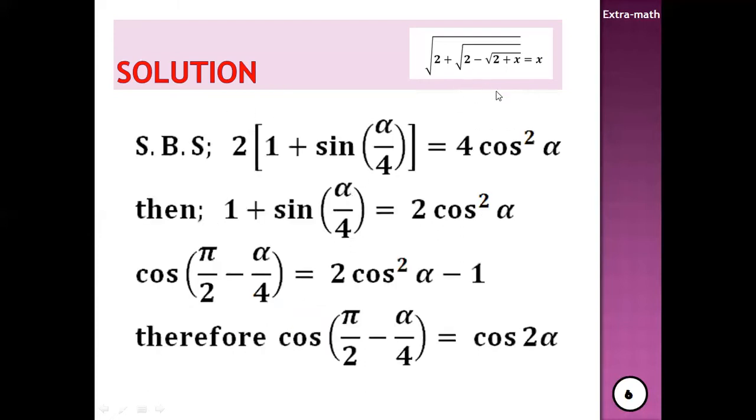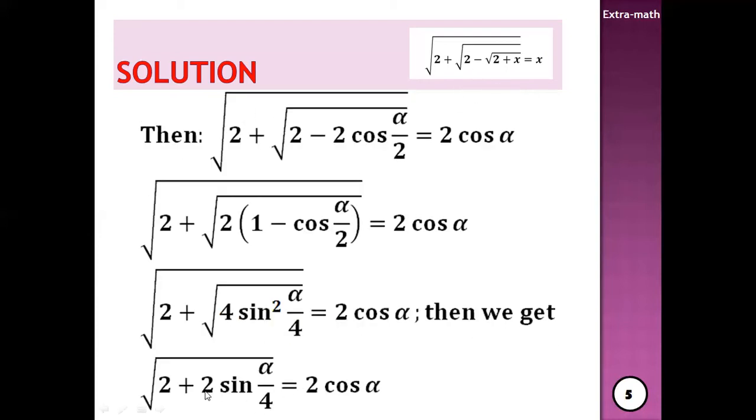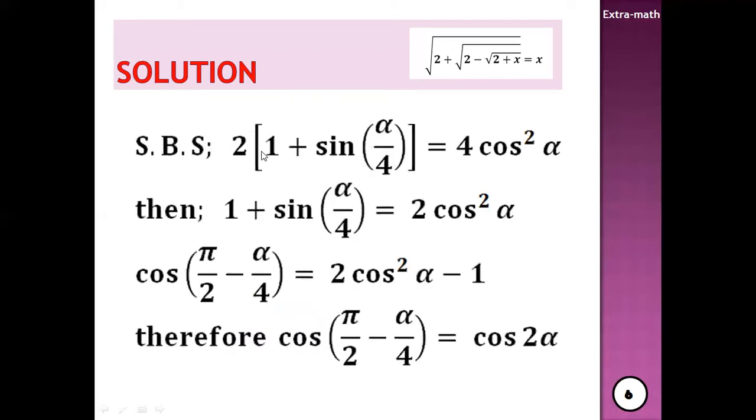Then by squaring both sides, we get 2 plus 2 sine alpha over 4 equals 4 cosine square alpha. Here we take 2 as a common factor to get 2 into 1 plus sine alpha over 4 equals 4 cosine square alpha. We divide by 2 to get 1 plus sine alpha over 4, and here by 2 to get 2 cosine square alpha.